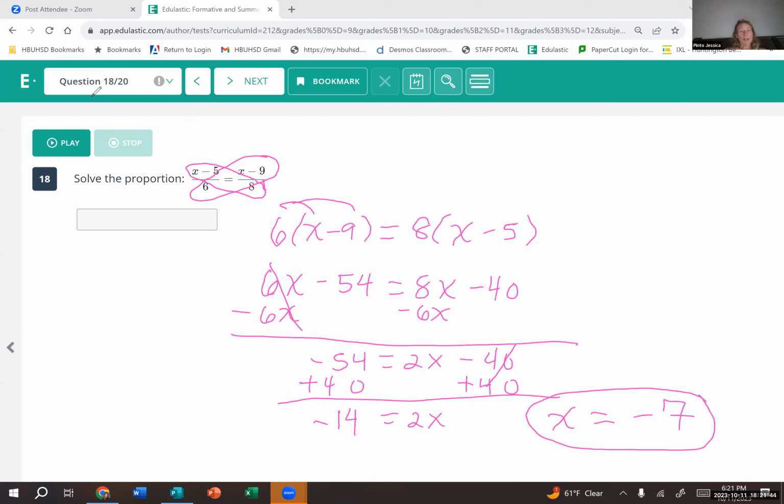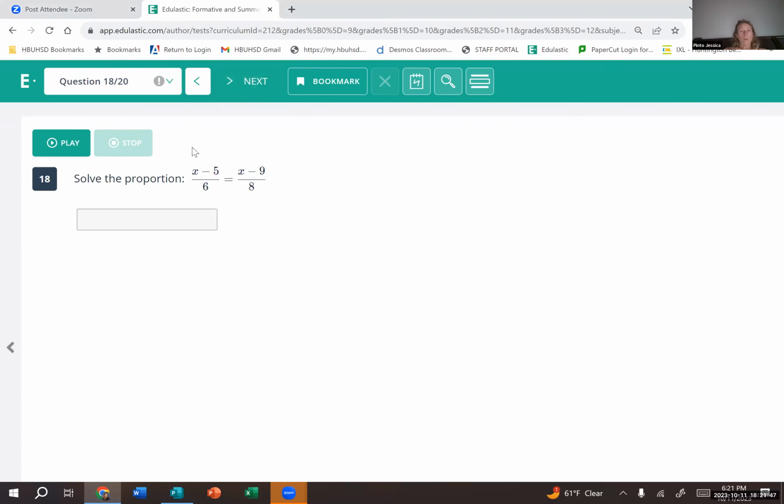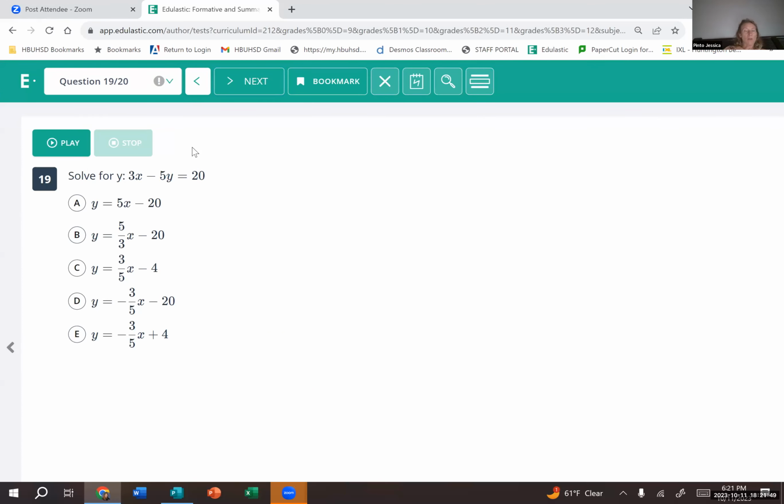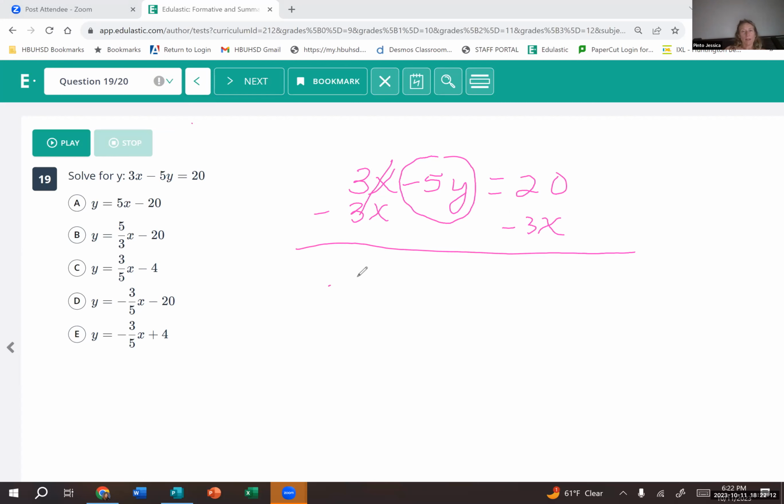We've got 2 more, and these last 2 are the solving for y. So this is solving so that it says y on one side all by itself. So I'm just going to write this over here so I have more space. 3x minus 5y is equal to 20. So this is the y term. So I need to get rid of the 3x. I subtract 3x. That's going to say negative 5y is equal to negative 3x. But this was a positive 20, so we put a plus 20 there.